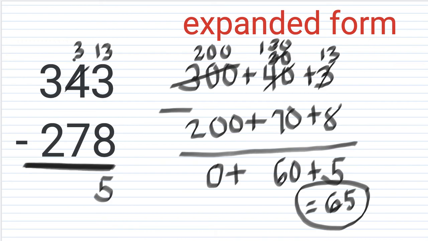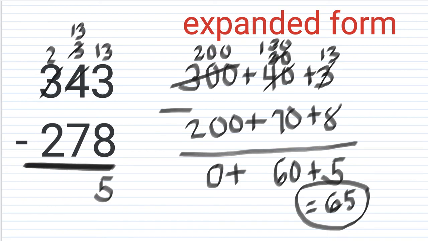Now, 3 minus 7, that is not possible because 3 is less than 7. So this 3 will borrow 10 from 3. Since you'll borrow 10, as I said, in shortcut you will just deduct 1 from 3. So that becomes 2. Then since you borrowed 10 from here, this 3 becomes 13.